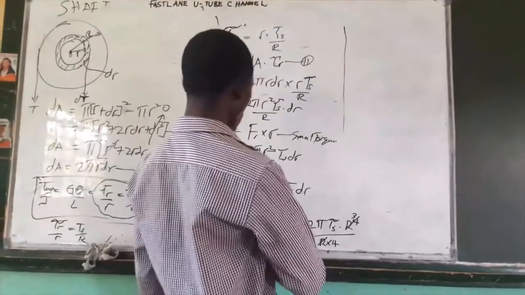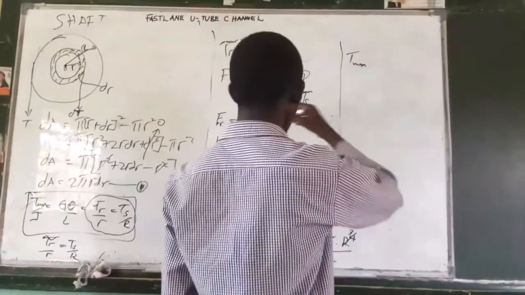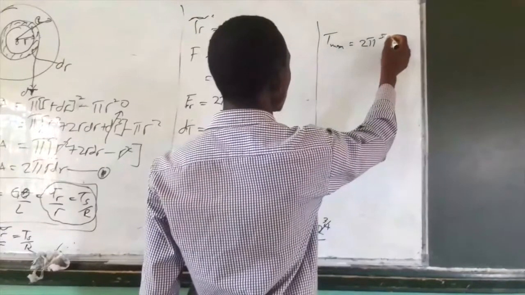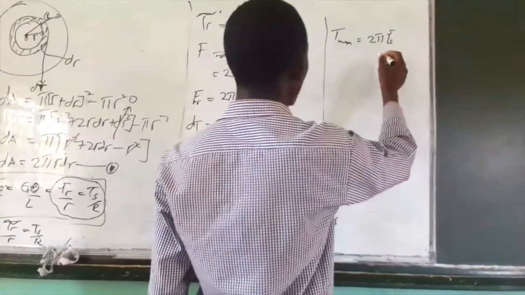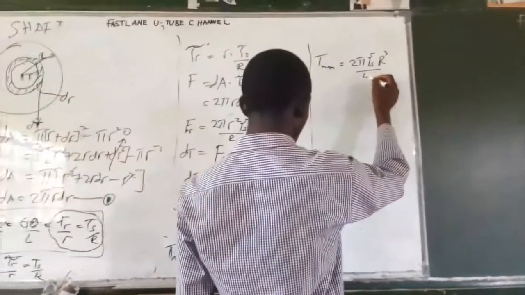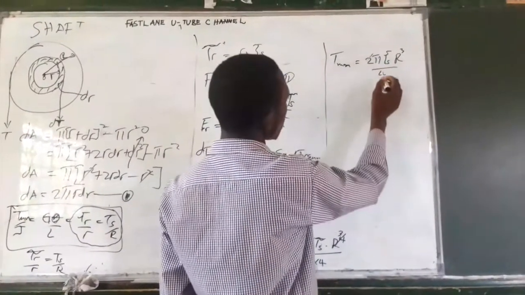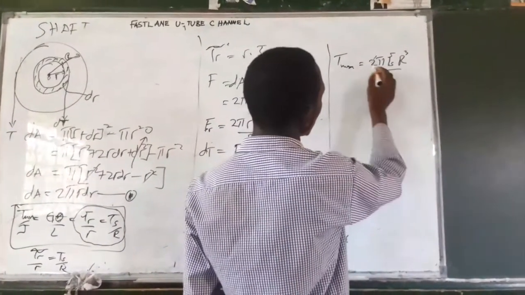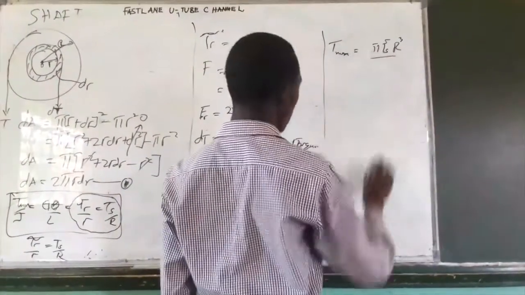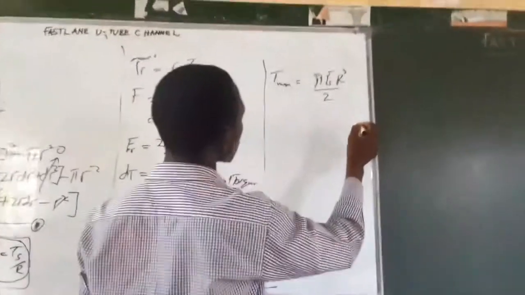If we continue, we find that the maximum torque acting on the shaft is equal to 2 pi times the tangential stress at the surface, R cubed over 4, but the 4 can reduce with the 2, and we find ourselves having pi over 2.